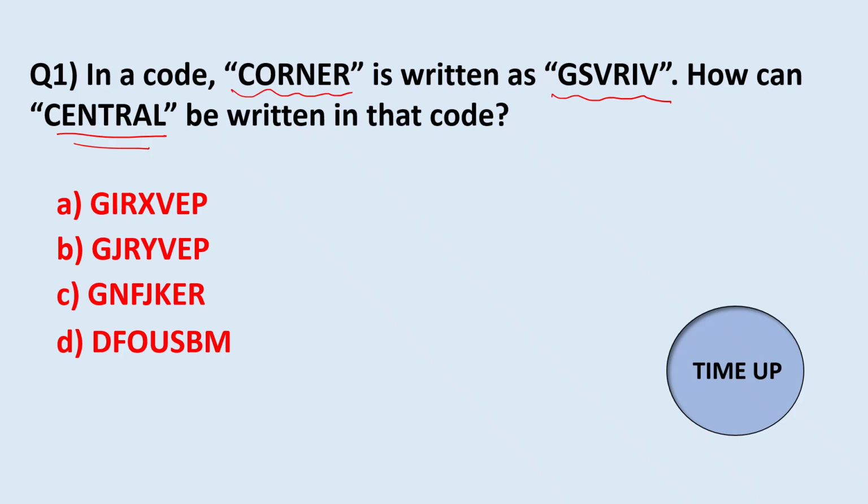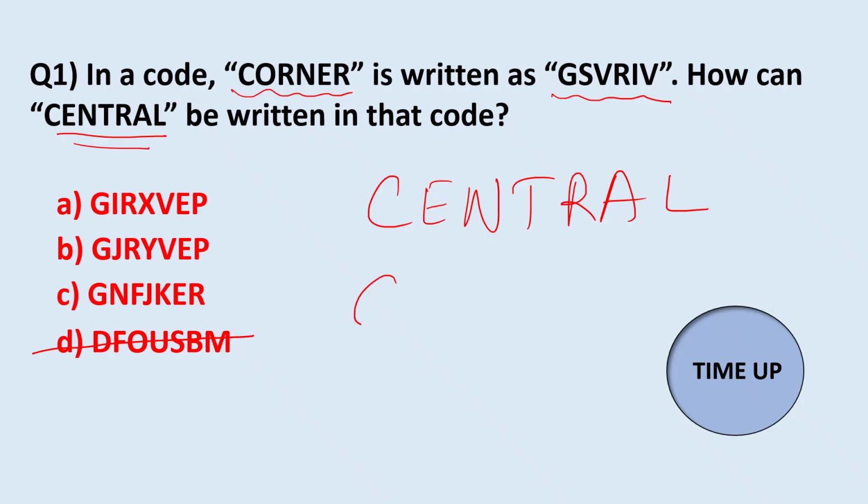Okay, so CENTRAL is asked. So C plus 4 will give you obviously G, correct? So this option will get eliminated. Then here you get G. E plus 4 when you do, what will you get? I you will get, correct?